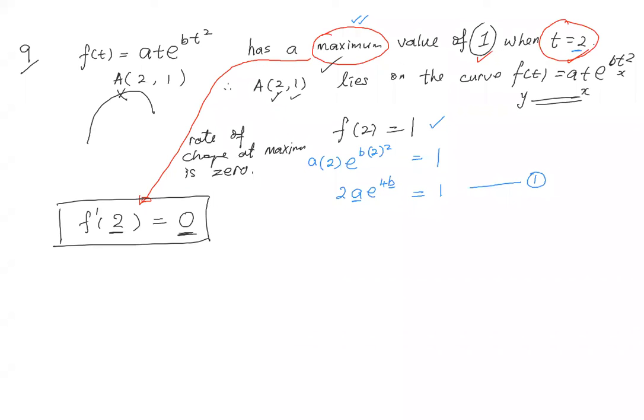So now my next job is to find f prime t. So I use the product rule, v u prime plus u v prime.